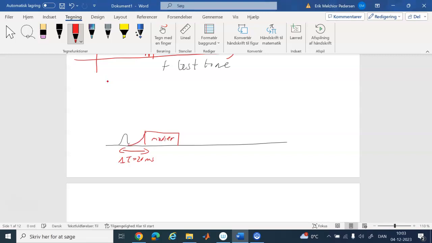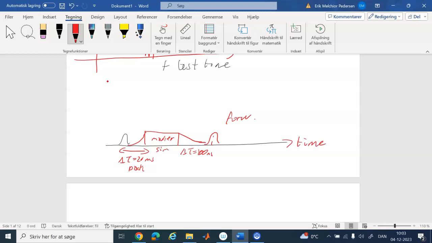If the signal is after the masker, this is called backward masking. Here is simultaneous masking in this area, and here delta t is 200 milliseconds. Here we have forward masking. We have time here.